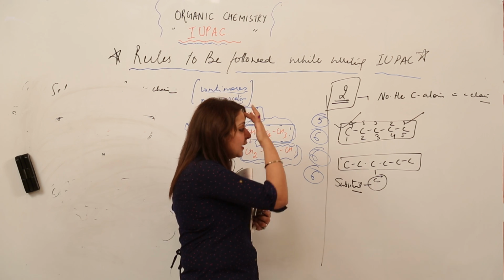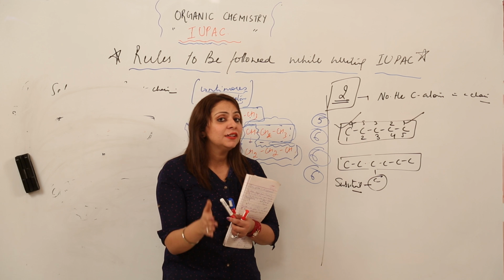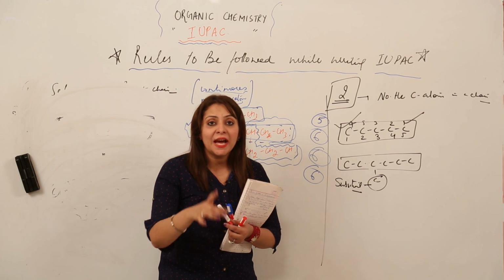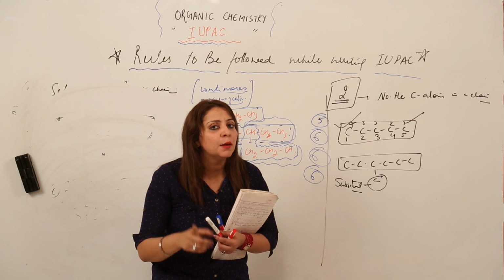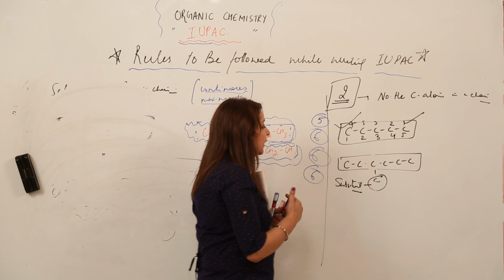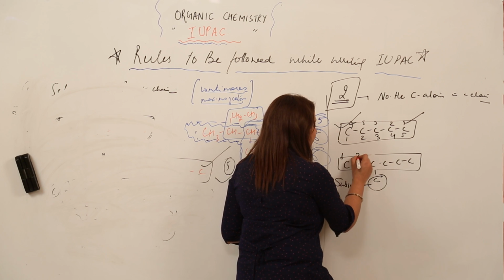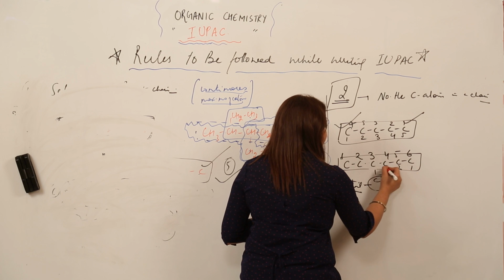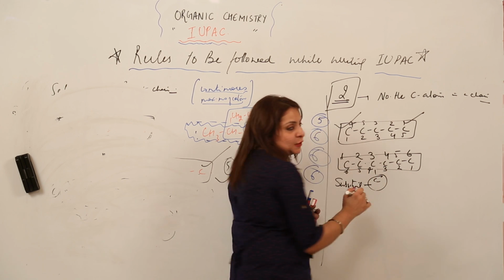So the rule is that while you are numbering the carbon atoms, the carbon which carries the substituent should get the least number. So how will we use this rule? Just see to it. If I have an option of numbering from this side, and an option of numbering from this side, these are the two methods by which I can number.